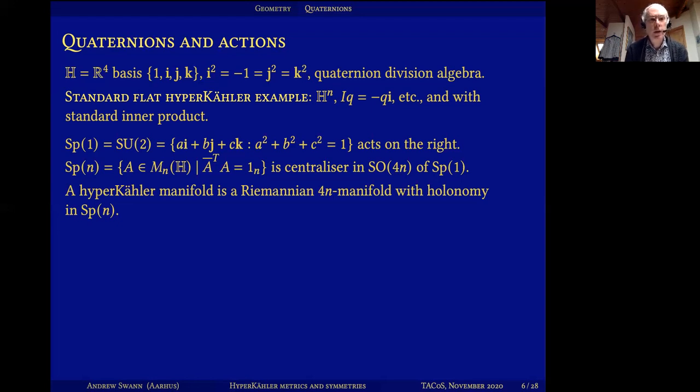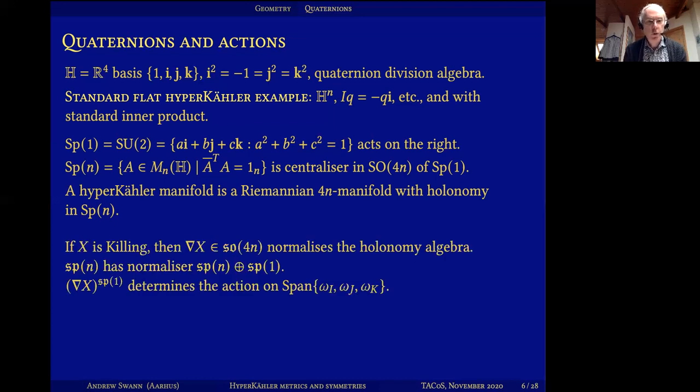So what we're centralizing is the quaternion unitary group of rank n, so Spn. And another way to state the definition of hyperkähler is to say it's a Riemannian 4n-manifold with the holonomy contained in Spn. So in this way, this is an important family in Berger's holonomy classification.